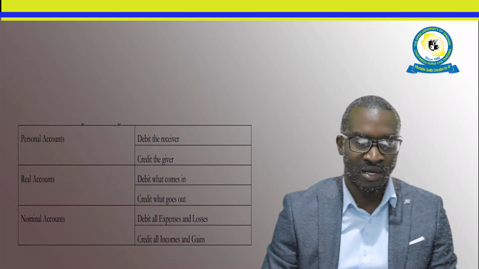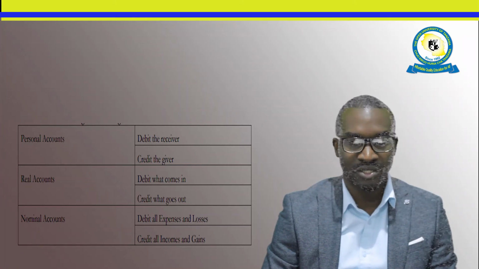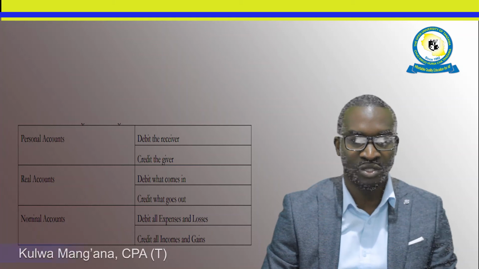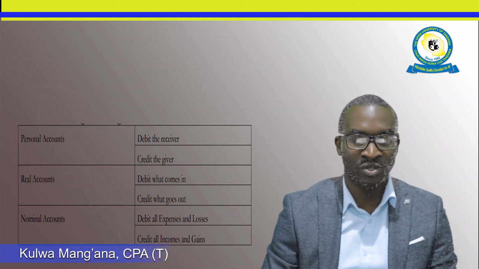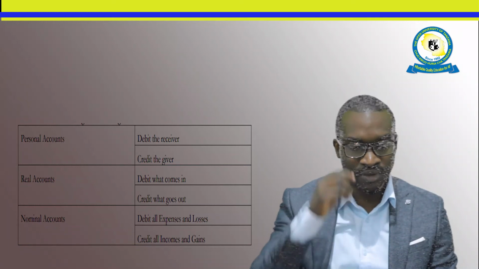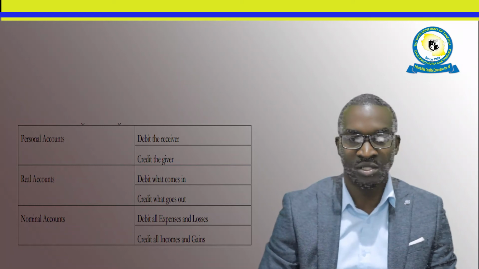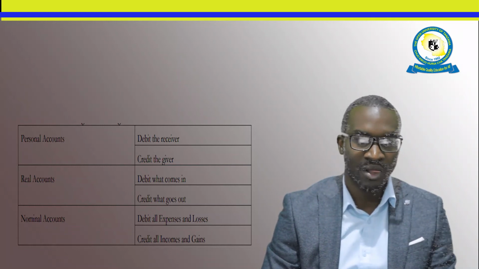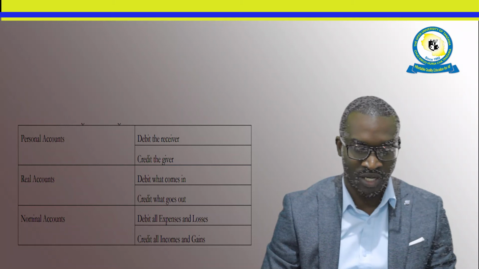Taking into consideration that cash is a real account, if cash is going out, then under the real account we credit what goes out, so we credit the cash account. But if cash is coming in, then you debit what comes in. So if the debtor is paying you back, you debit the cash account. I think it is understood. Okay.